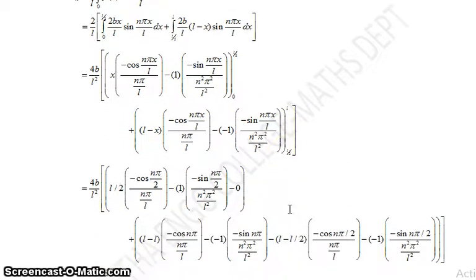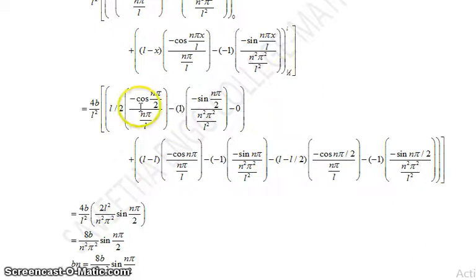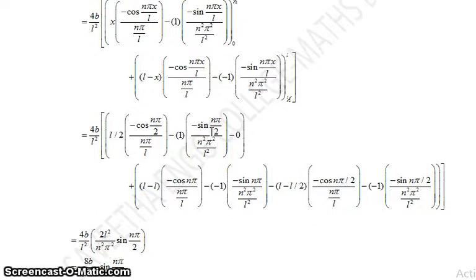So apply the limits. We get cos(n pi by 2) into L by n pi, then minus sin(n pi by 2) over n square pi square by L square. Then put x equal to 0, this vanishes, sin 0 is 0, so the lower limit is 0, then plus. Next put x equal to L, so L minus L, and L by L cancels, so cos n pi, similarly here minus sin n pi.